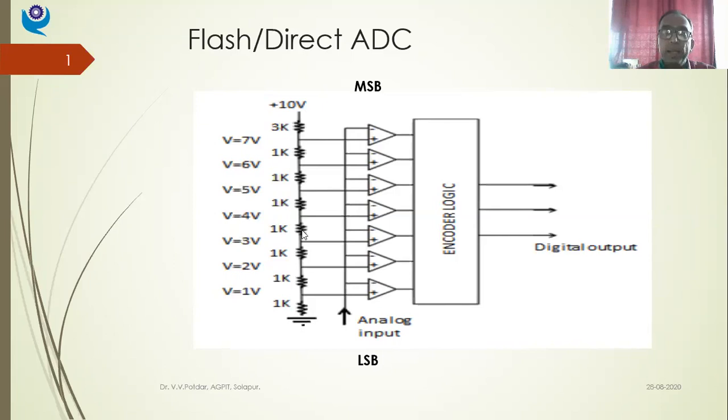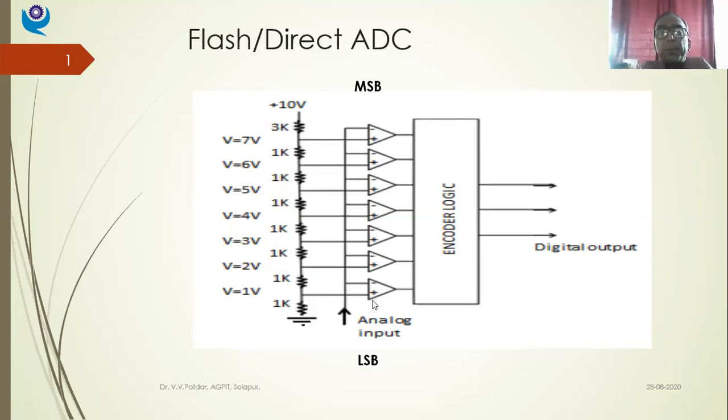Remember, our objective is to convert an analog signal into a digital signal, right? We have seen two types of ADCs. This is the third type of ADC, wherein we are giving some reference voltage to the non-inverting terminal of the op-amp.